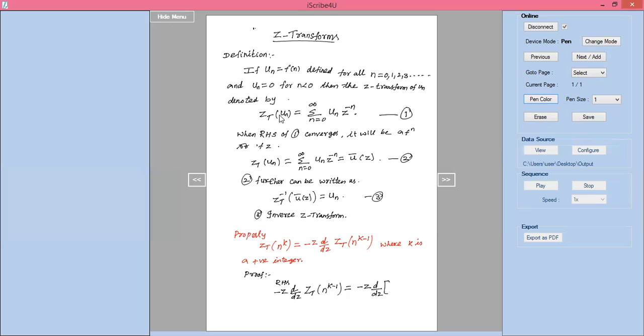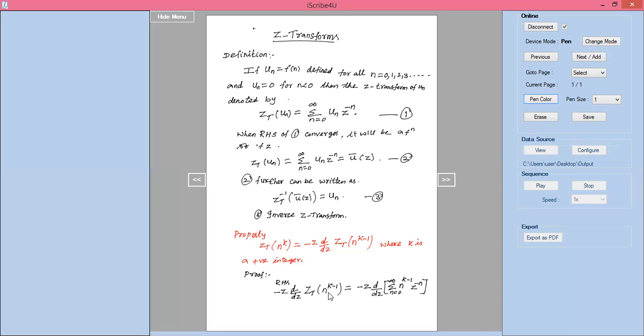We know that the Z transform of u_n is summation of n equal to 0 to infinity, and in the place of u_n we have n power k minus 1, so n power k minus 1 into z power minus n.